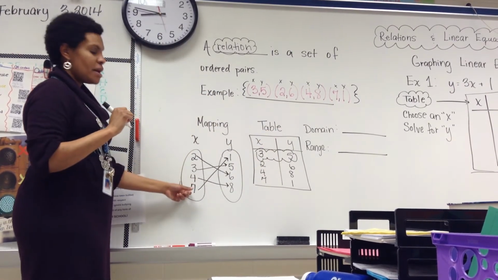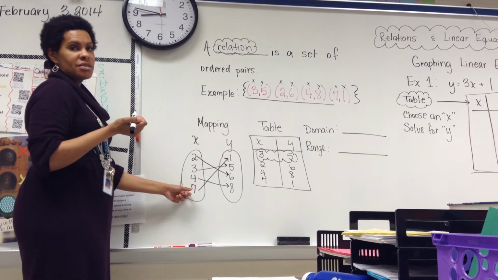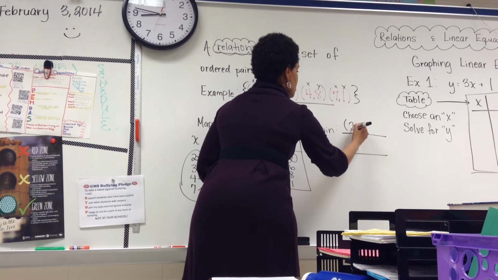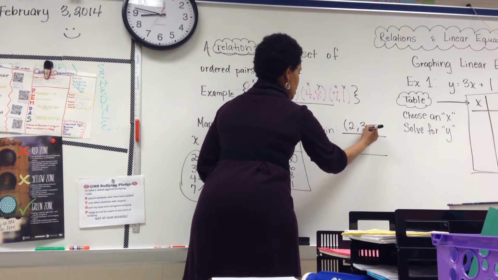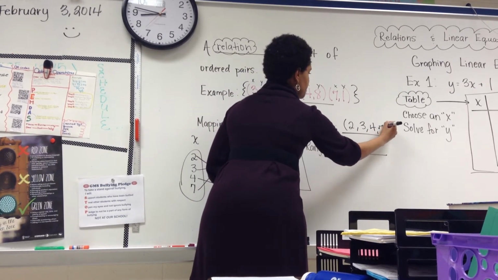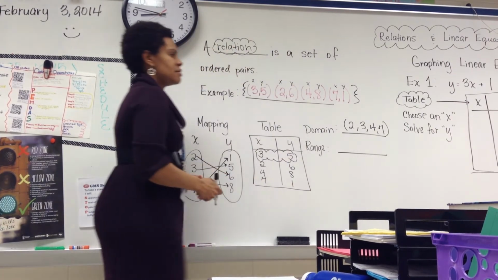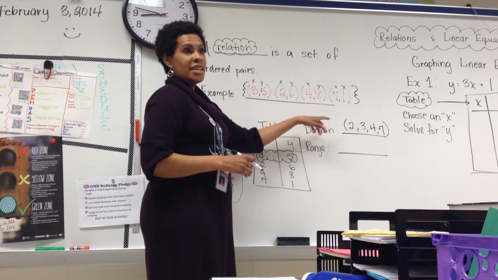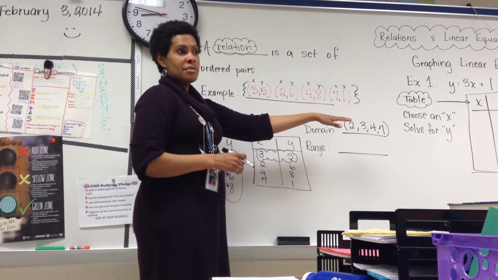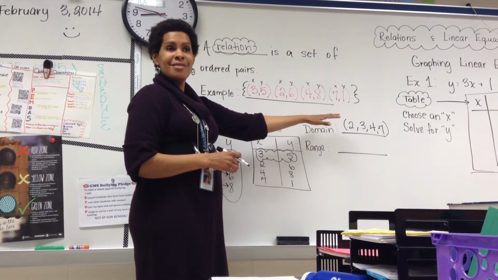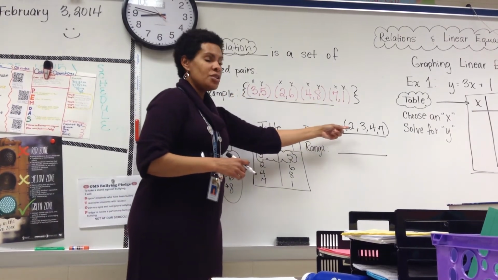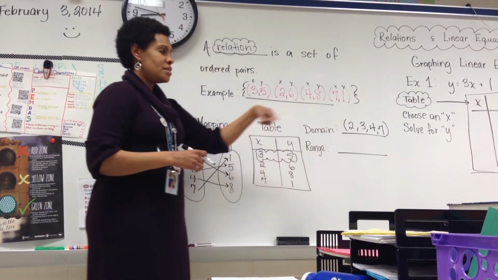I'm going to come over here to my mapping and just write down the x values. 2, 3, 4, 7. In order and no repeats. It could repeat here, but when you list your domain, you're only going to list it once.